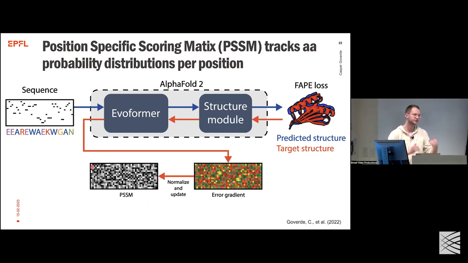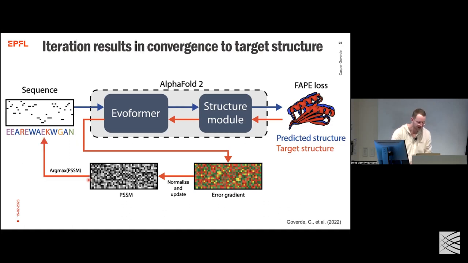Again, this is a matrix of 20 by the length of the protein, and it gives you, for each position, a probability distribution of which residues you're most likely to find there. What you can do is take, for each position, the most likely residue, plug this back into AlphaFold, and then iterate this a couple of hundreds of times until you converge to a target structure.